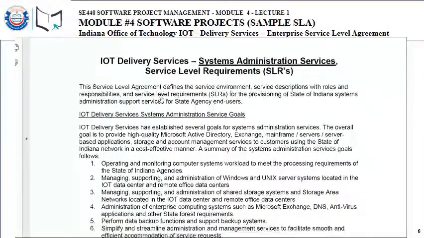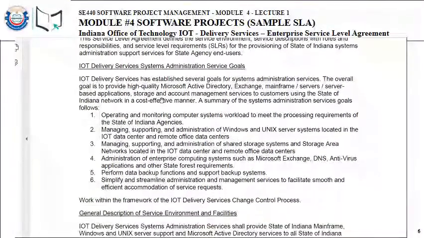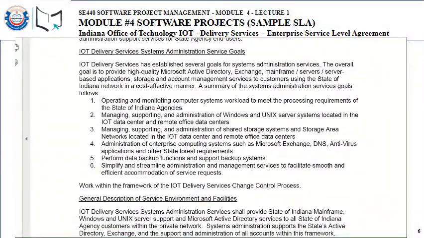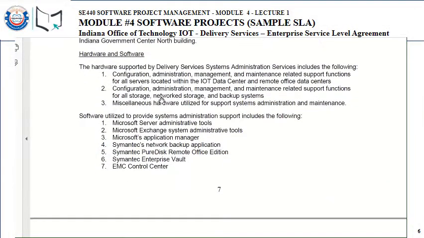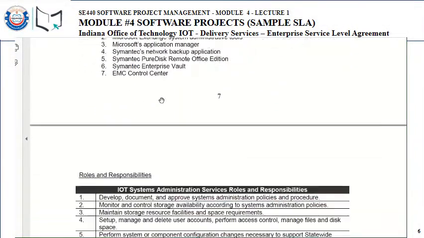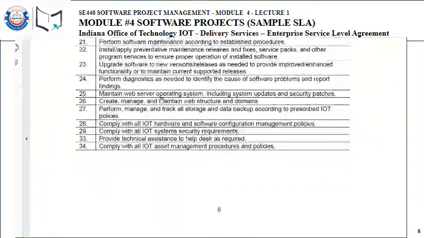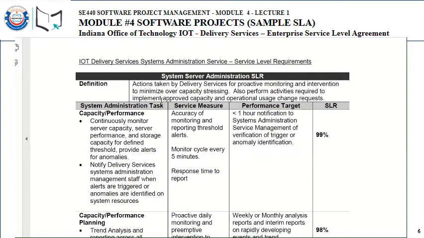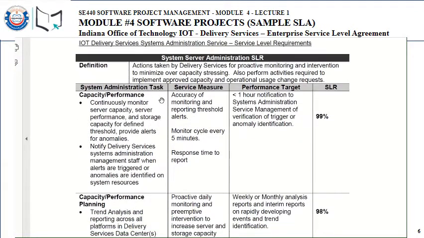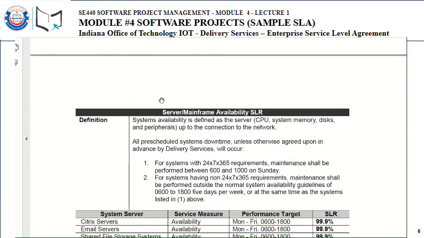The second component, the systems administration services, very much they do the same here. They talk about the goals, and then they describe the hardware and software. Then they talk about the roles and responsibilities. And then they summarize the requirements for the second component.